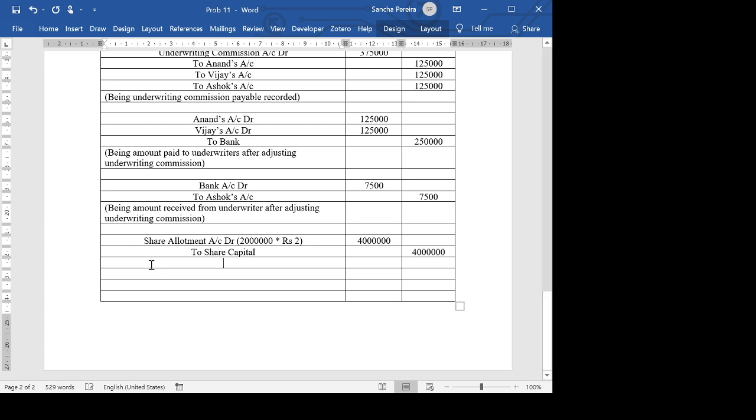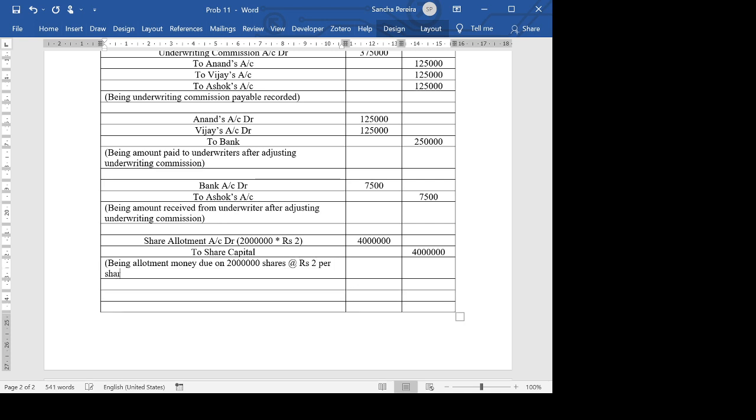Being allotment money due on 20 lakh shares at the rate of rupees 2 per share.